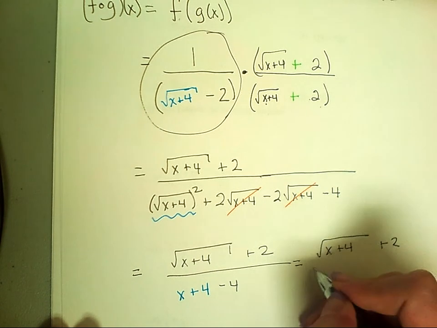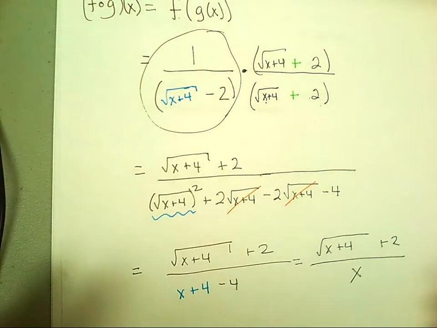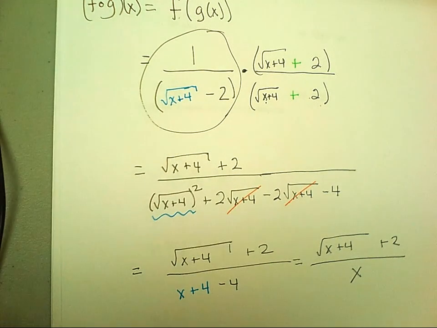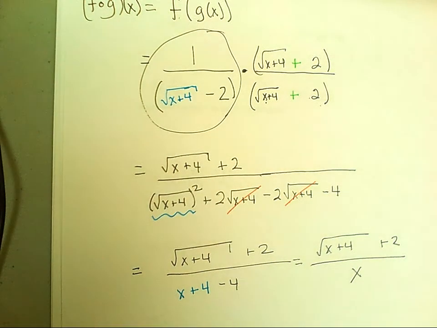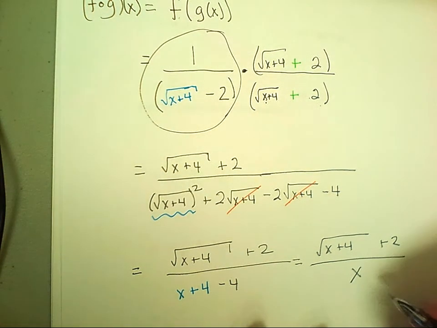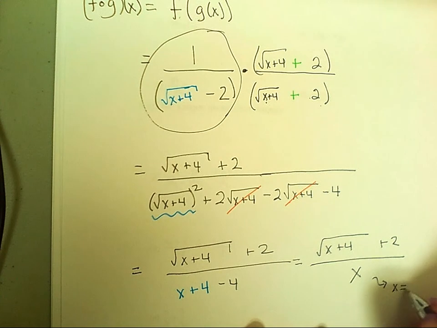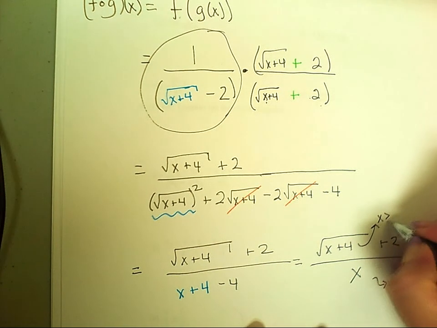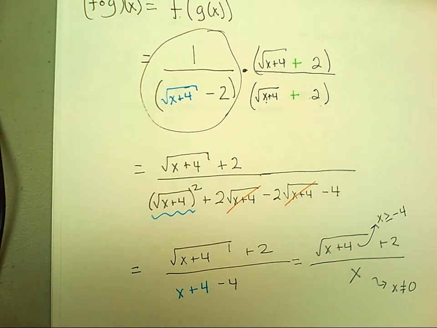And we have the square root of x plus 4 plus 2 all over just simply x. From here we can see that x cannot equal 0, and from here we have that x has to stay greater than or equal to negative 4. Okay.